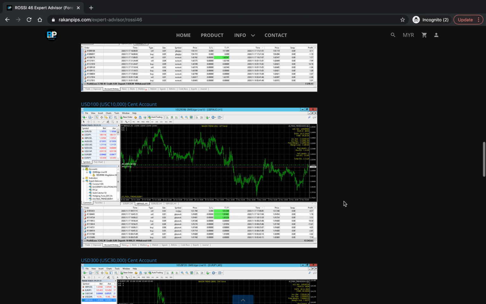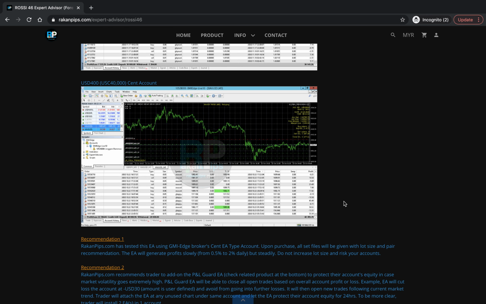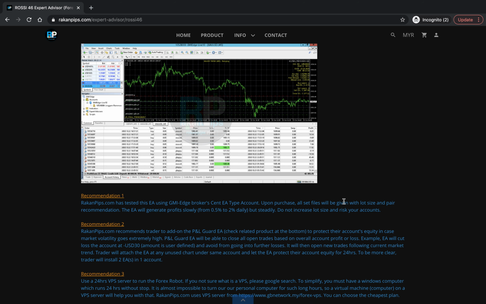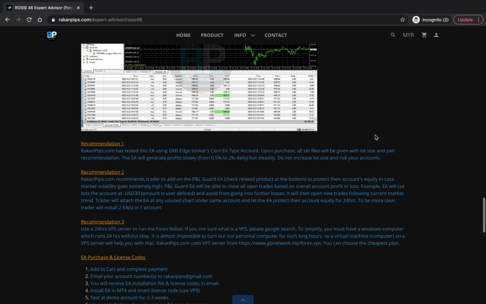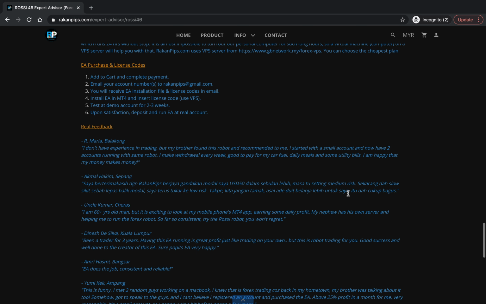Once you make the purchase, you will get an email with a link to learn how to set up the EA, and you will also receive the set files to use the right lot size setting and the right take profit or pips for the EA, for currency pairs or gold.